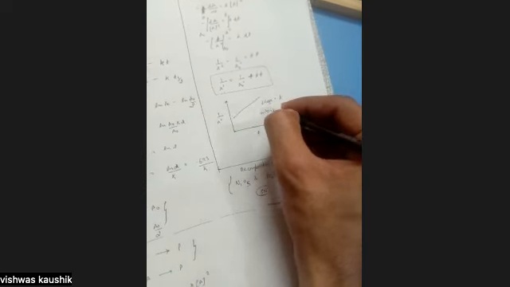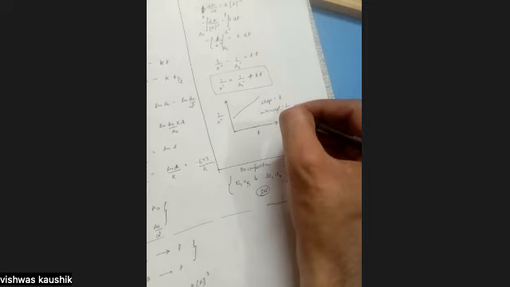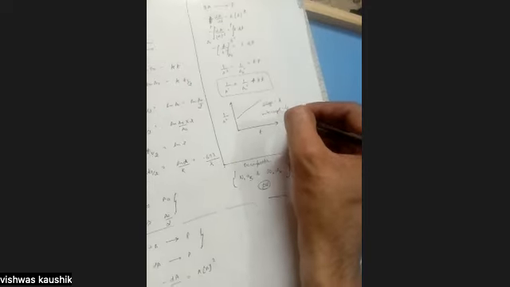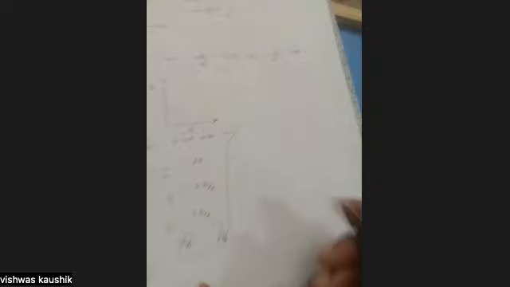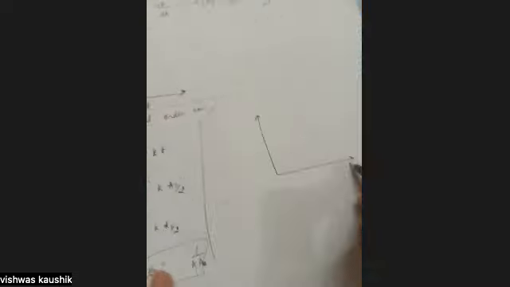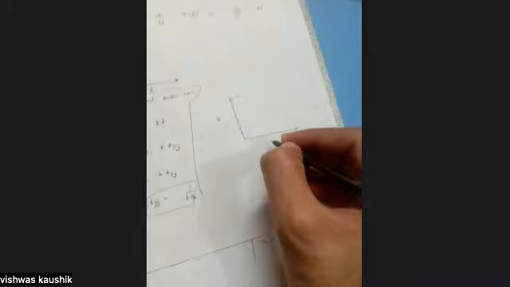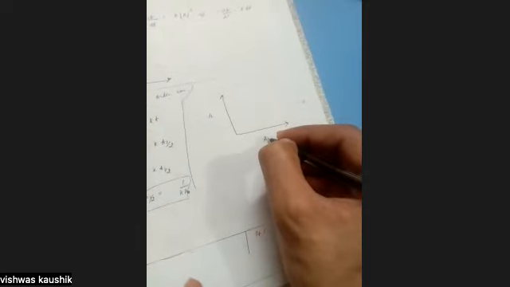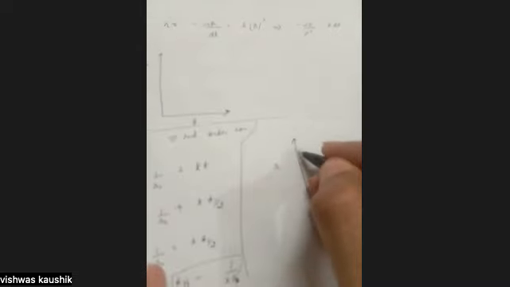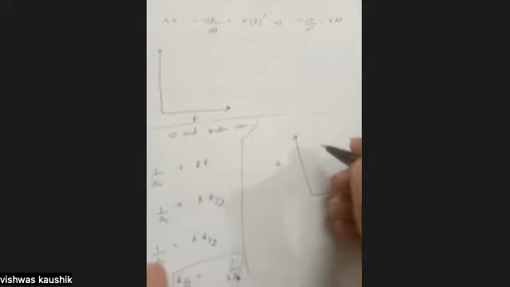and the graph between rate and concentration, I think, will be a decreasing graph with increasing slope.